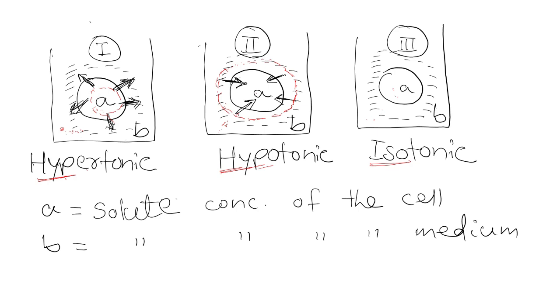So the cell will remain as it is. So in a hypertonic solution, the cell will shrink. Here the cell will swell, and here the cell will remain as it is.